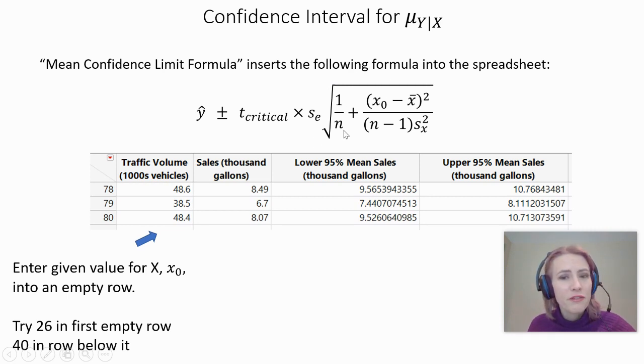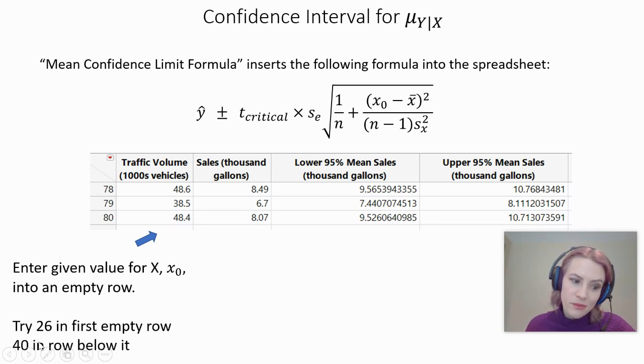The part I'm going to really focus on is this difference here, x naught minus x bar. x naught is where we're going to identify and focus in on a particular value of x. So we might say, for instance, what if we are talking about places where the traffic volume is 26,000 vehicles? Then x naught would be 26.